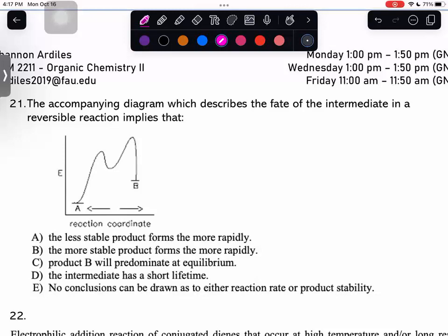Okay, question 21. We have a little energy diagram. Okay, take a quick moment to read each statement carefully. Read each statement carefully again, please. Activation energy, oh, it's only with kinetic.